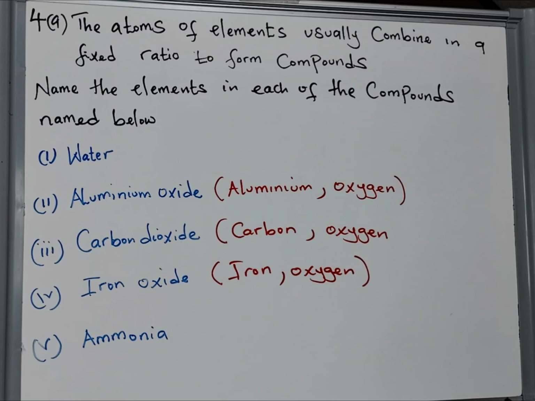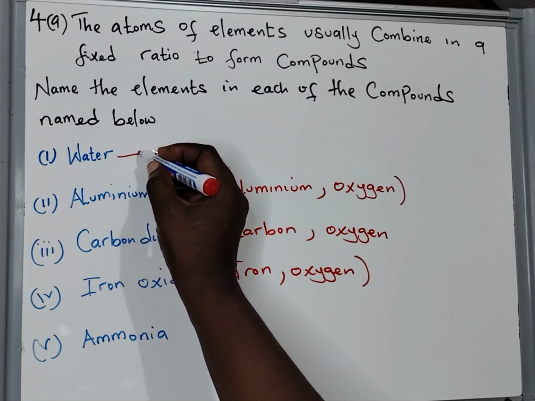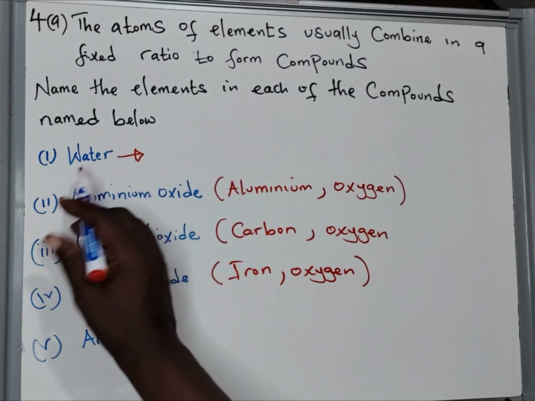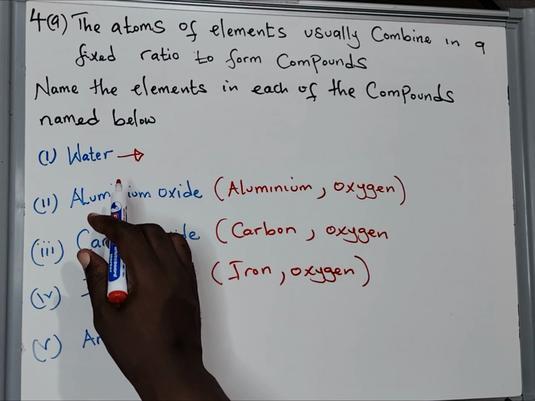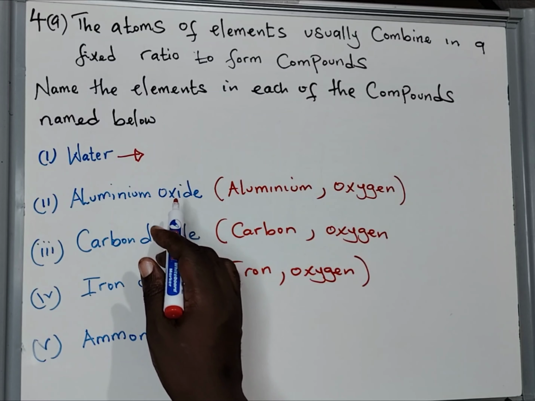But there are some which are very hard to know, especially those which are called by their trivial names. For instance, water. Water is not easy because the name has no relationship with the composition.